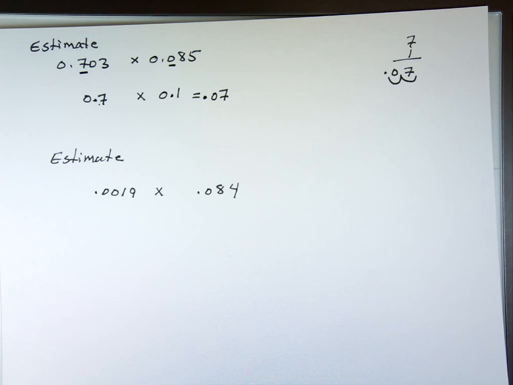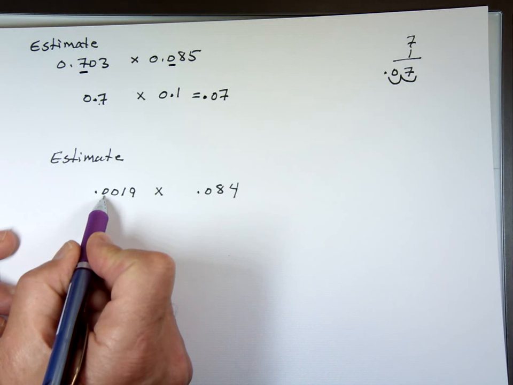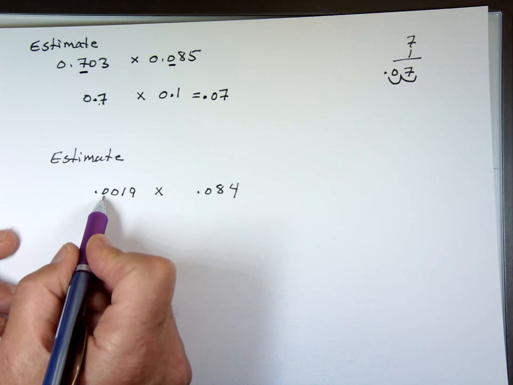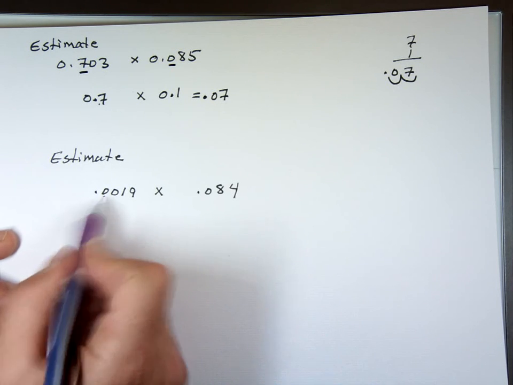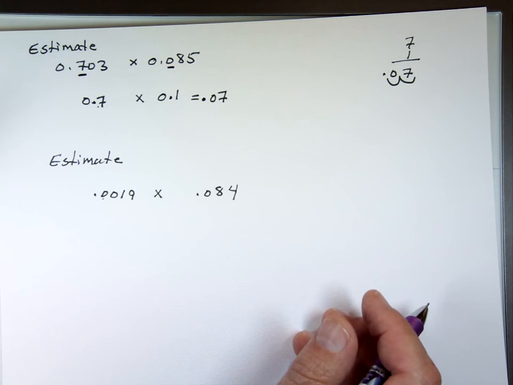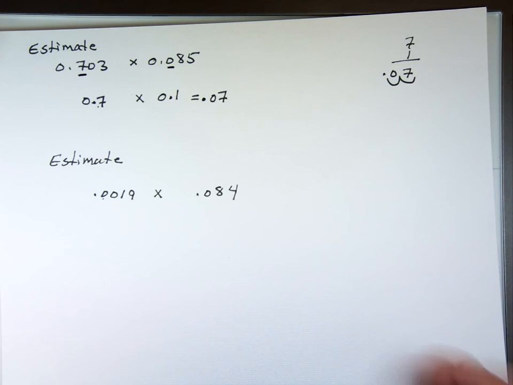Especially if they don't tell me estimate to what. If you round this to nearest 10th with a TH, that's the 10th. This number becomes what? 0. 0 times anything is what? 0. So that's a waste of my time. So in a case like this where your answer is going to be 0, maybe I should round it to nearest what? 100th instead of 10th.